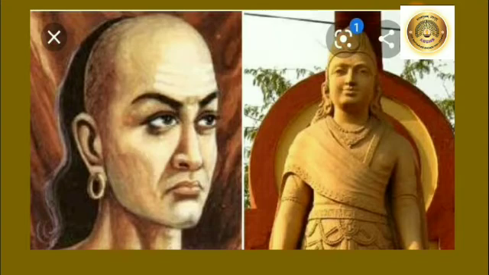The plot gives special importance to the contribution of Arya Chanakya, also known as Kautilya. Children, do you know? Chanakya's ideas were written down in a book called Arthashastra. Arthashastra is one of the important books in Indian literature.